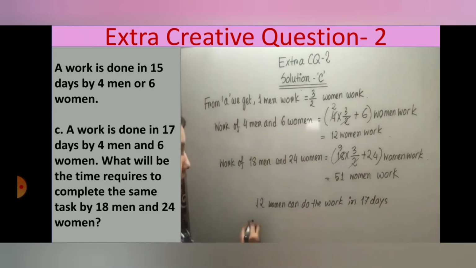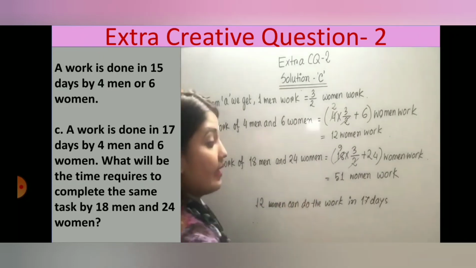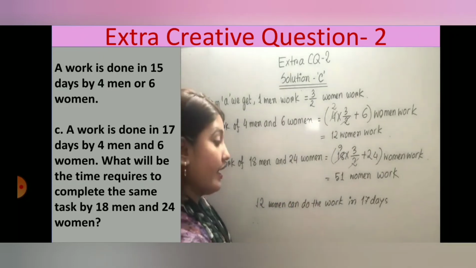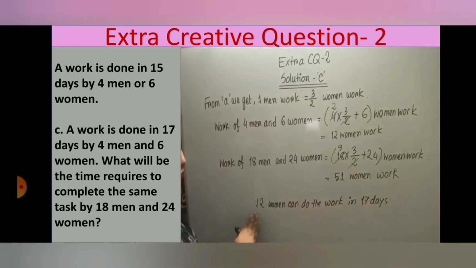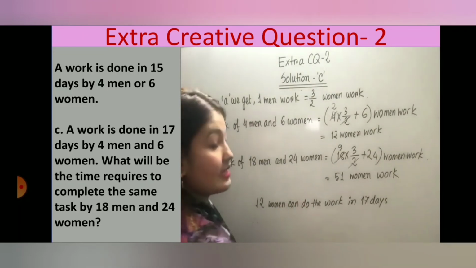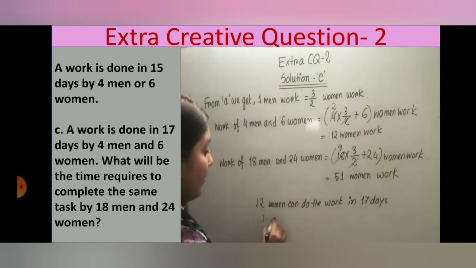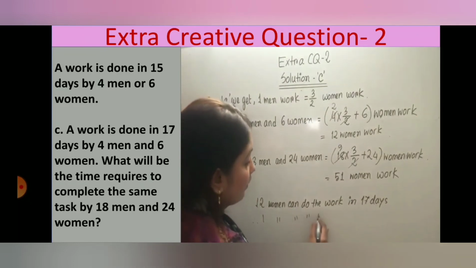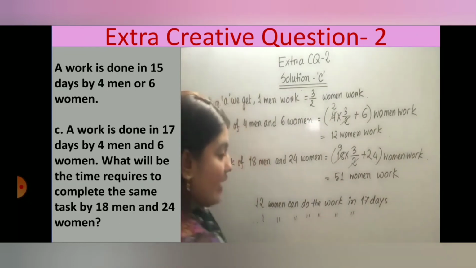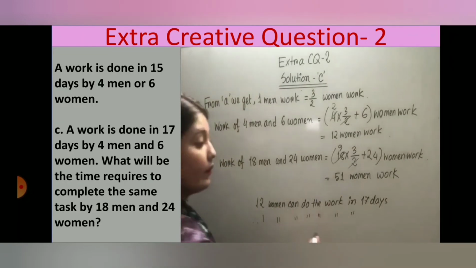So, we have to find out how many days 51 women, that is 18 men and 24 women, can do that same piece of work. So, if 12 women take 17 days to do the work, will 1 woman take more days or less days, students? Yes, if 1 woman works, it will require more days.